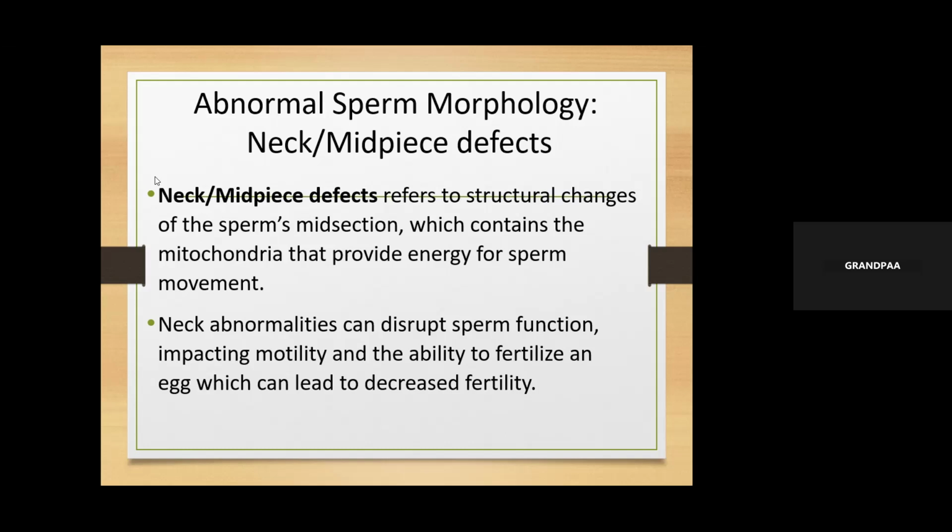And each of these regions or sections will have a deformity. And we try to take them one by one. We looked at the head, and then we considered all the possible deformities that can occur in the head.